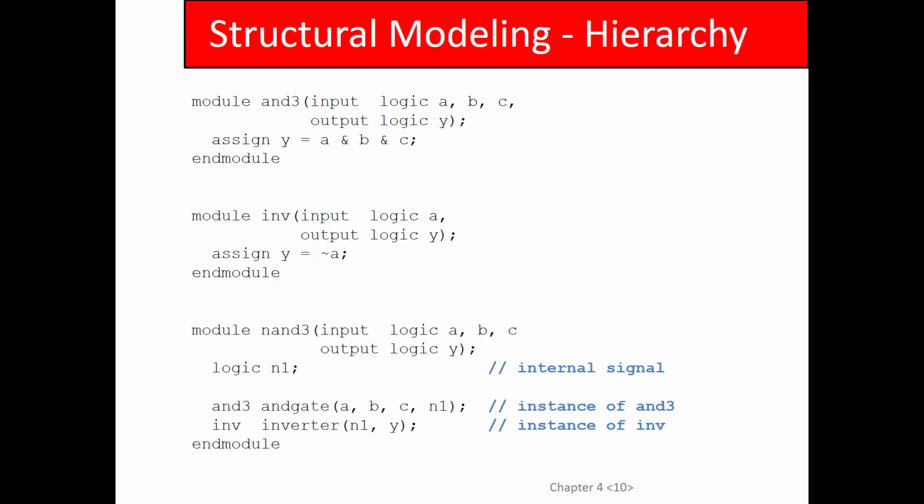So to do that, you have to first create an internal signal called N1. The type is called logic. These are also logic, by the way. Logic just means bits. By the way, I'm going to address this later, but what's a bit? Bit is a data type that can store 1 or 0, right?